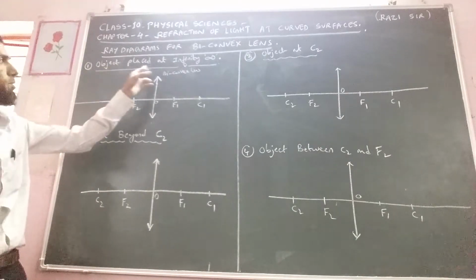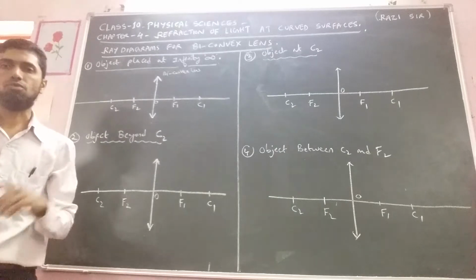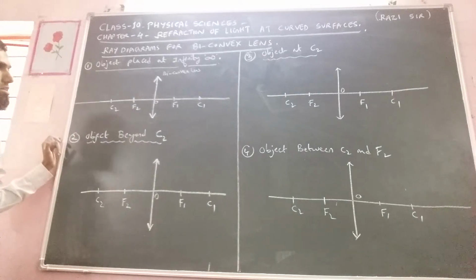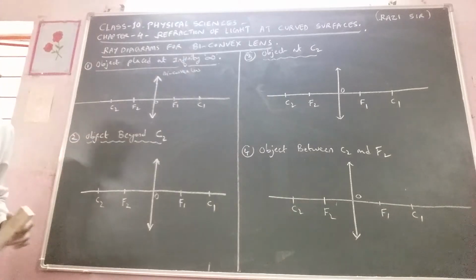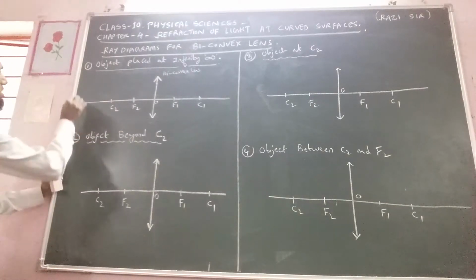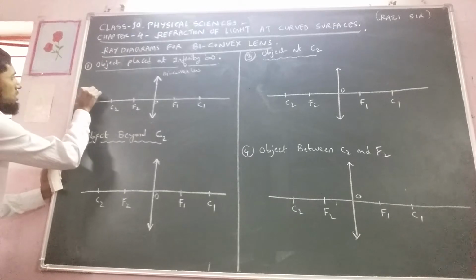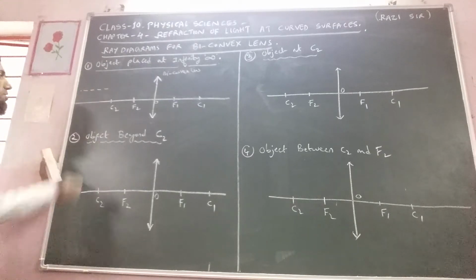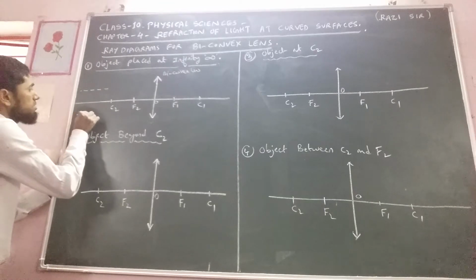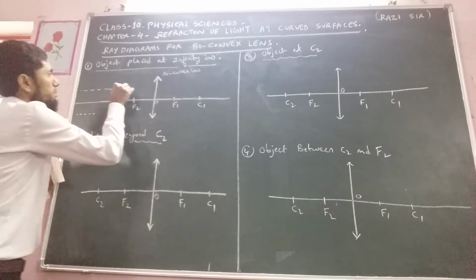So if the object is placed at infinity, where do we get the image? What is the characteristic? Let us see. In the first case, when the object is placed at infinity, we generally don't draw any diagram for the object. Simply we draw the parallel rays, which are parallel to the principal axis.